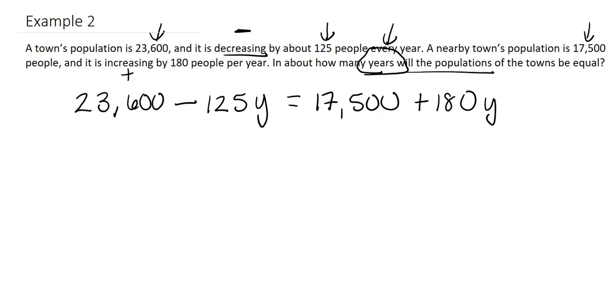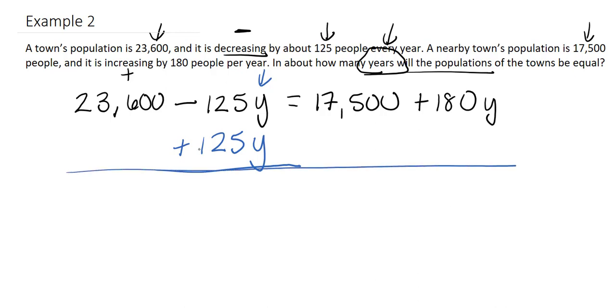Our first step is to move the variable. Let's move this one because this is the lesser of the two. To undo subtraction, we add. Now, whatever we do to one side, we do to the other. So here, this just becomes 0.